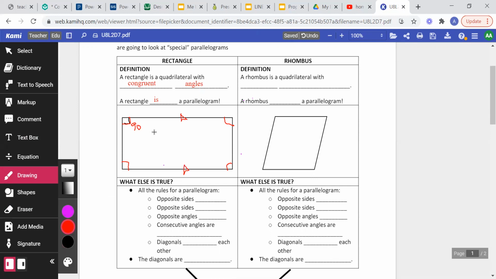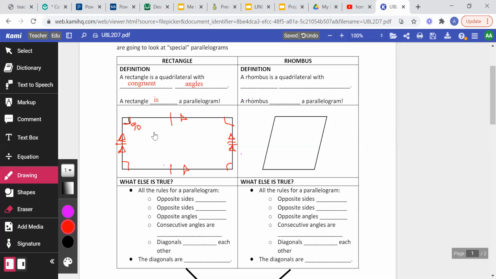And I'm going to put double arrows here to show that the left and the right-hand sides are parallel. And aside from that, opposite sides are congruent. So this side equals this, lower equals upper, and then left equals right. So I'm going to put double bars here.